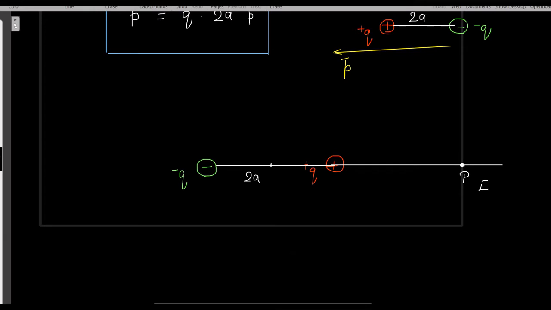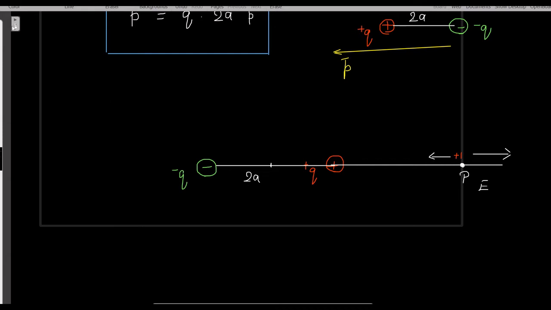So due to plus q, if a unit positive charge is placed at P, we can see the unit positive charge will be repelled. And due to minus q, this unit positive charge will be attracted.